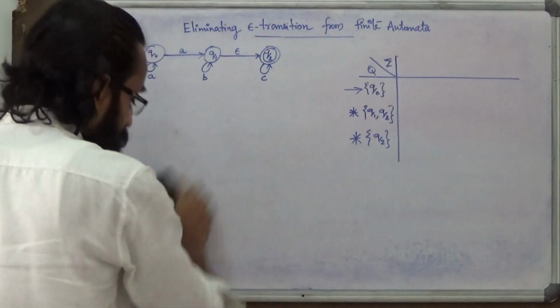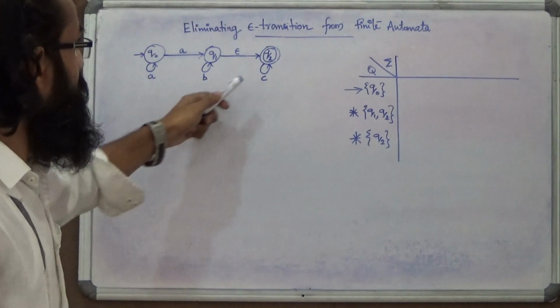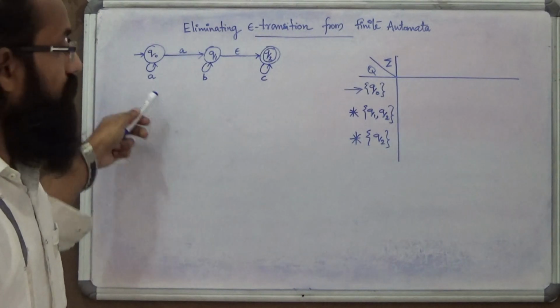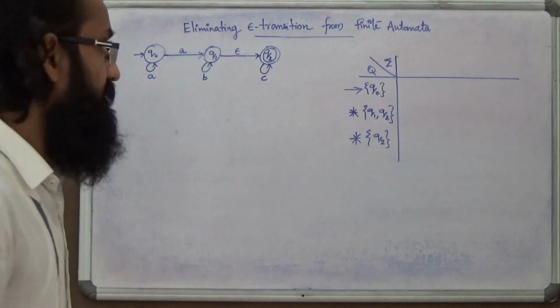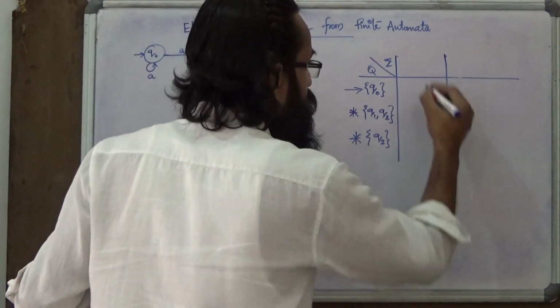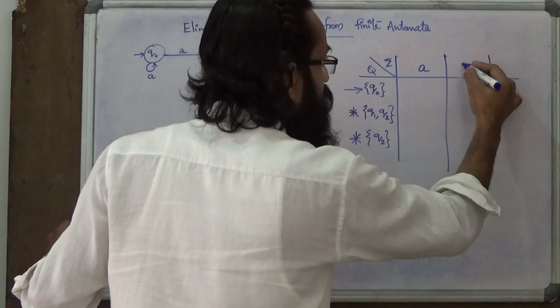Now let us apply all transitions, that is A, B and C transitions. If you analyze this finite automata, you are having three input symbols A, B and C. So you are expected to apply those inputs to the states in our finite automata without epsilon transition.